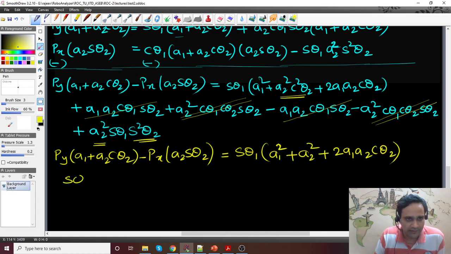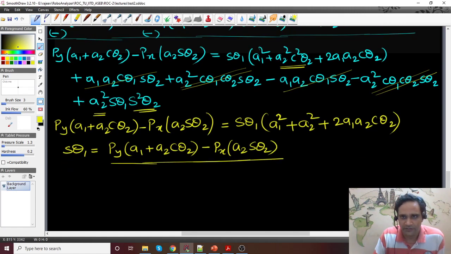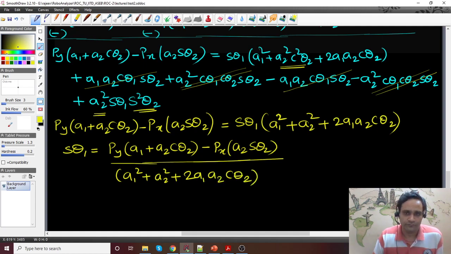So I can get sin theta 1 equal to py into (a1 plus a2 cos theta 2) minus px into a2 sin theta 2, divided by the whole term, a1 square plus a2 square plus 2 a1 a2 cos of theta 2.